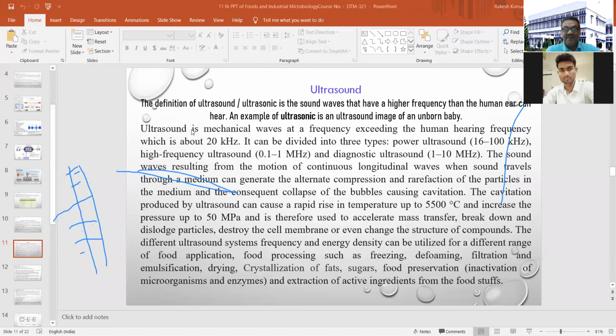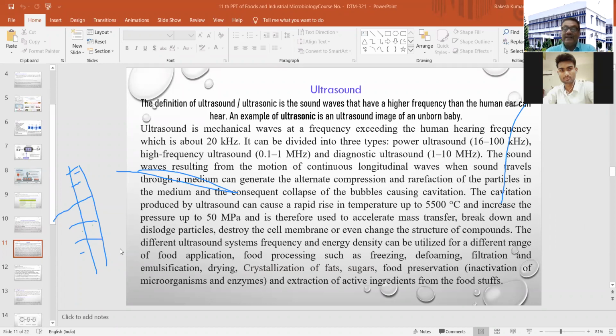Generally, you must have visited an ultrasound center and seen a machine used for getting an idea about unborn babies or other problems inside your body. So ultrasound is a mechanical wave at a frequency exceeding the human hearing frequency, which is about 20 kilohertz.